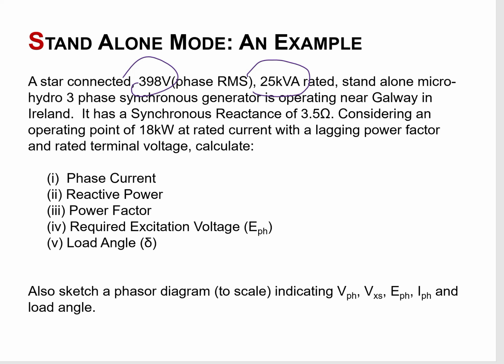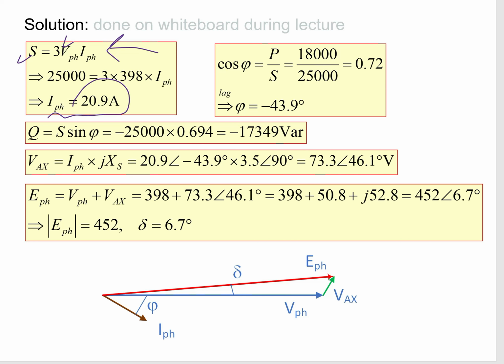Now the next parameter we want to calculate is the reactive power. Now think carefully, how can we make use of the given parameters in order to calculate the reactive power? We already have the real power, we have the apparent power. So having these two pieces of information will help us calculate the power factor over here.